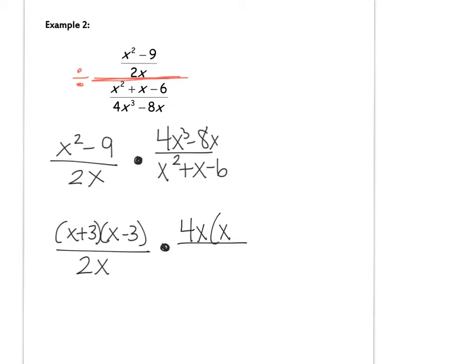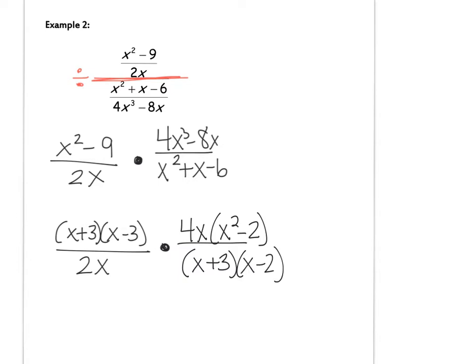And that leaves us with x² - 2, which does not factor. And underneath, x² + x - 6. We're looking for the two numbers that multiply to negative 6 and add to be 1. So we have (x + 3) and (x - 2).